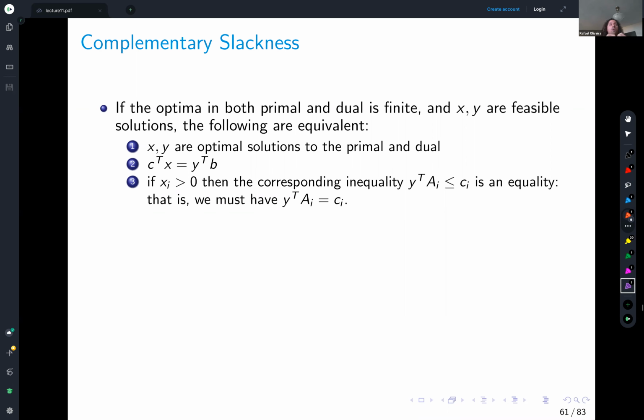So if you take x and y, which are feasible solutions, here are three equivalent facts. One: x and y are optimal solutions to the primal and dual. Two: c transpose x is equal to y transpose b, and remember, this is the content of strong duality.